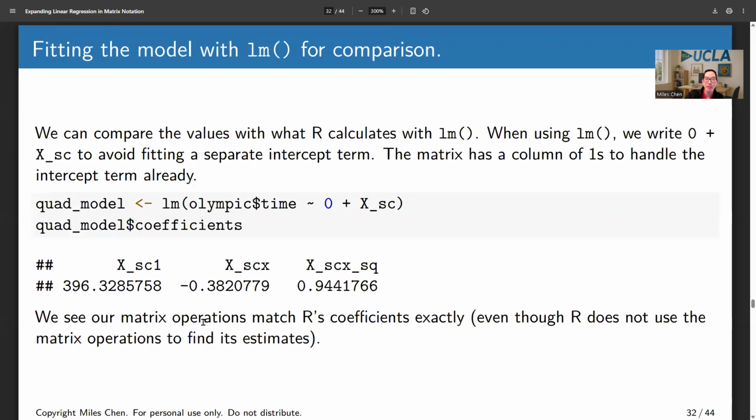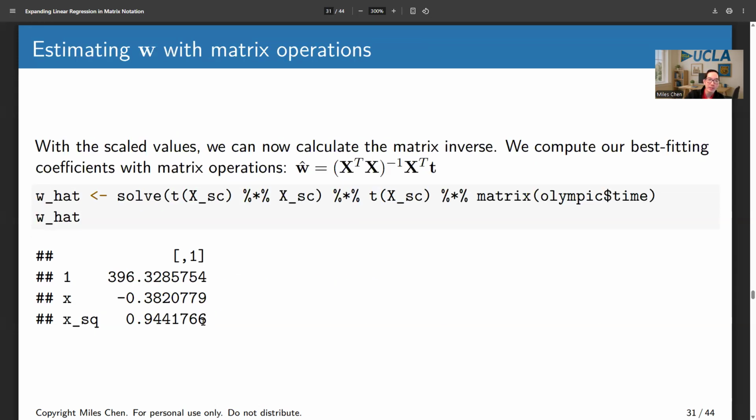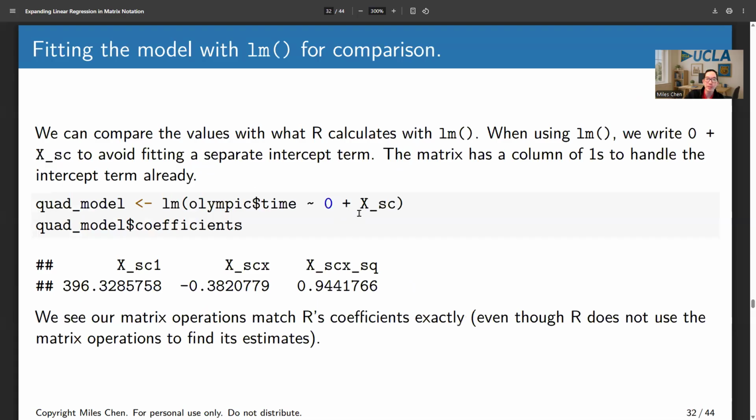I get my W hat, and if I say, hey, you know what, do LM on the same adjusted values, so not the original X values but the values where I scaled it, we get the exact same results. Here, you can ask LM in R to make predictions using an X matrix.